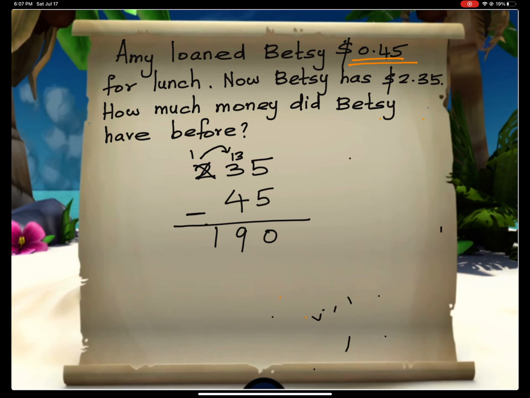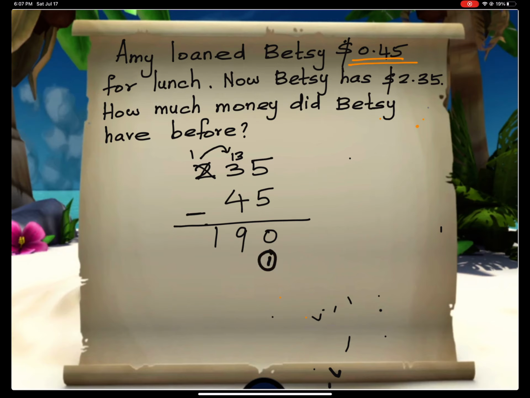But what we have to remember here is that in the question it is in decimal places. 0.45 and 2.35 we changed into whole numbers. So in the answer we have to remember to keep the decimal place 2 digits to the left.